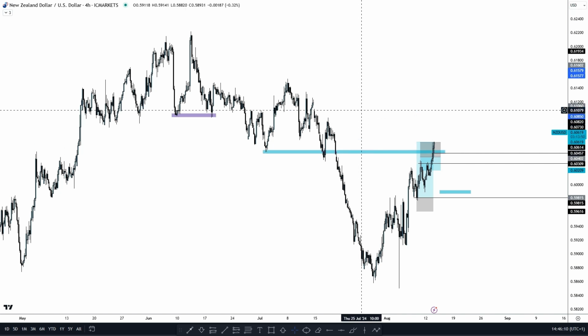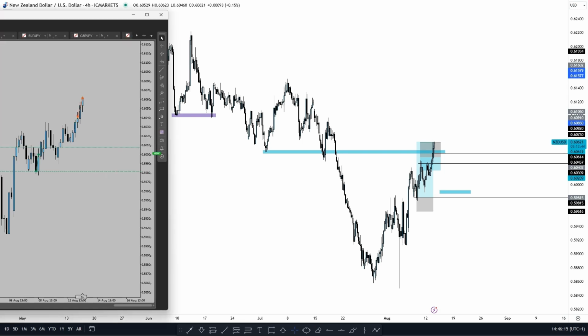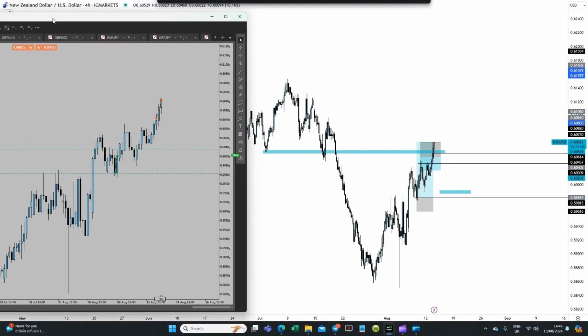So if we just quickly look, if I get the deal map up, you can see now, looking at this position, that the trade has lost. So my buy is running 80 pips, 81 pips, and the trade has stopped me out for roughly about 60% of my open position.